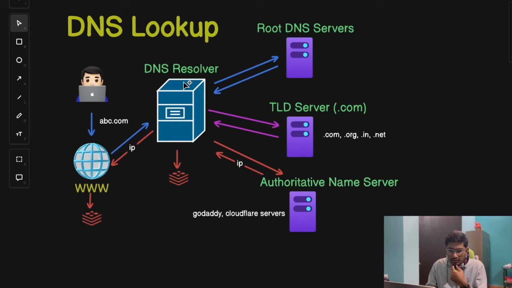Then the DNS resolver communicates with the hierarchy of servers to get the final IP address, or the actual IP address, of the URL that you have entered. But behind the simplicity, there lies a complex distributed system and a whole lot of hierarchical request patterns that take place behind the scenes. So let's break it down. So when you type in a URL, it doesn't directly go to the destination server, right? It follows a hierarchical routing path. Well, let's understand how this hierarchical routing path works in detail.